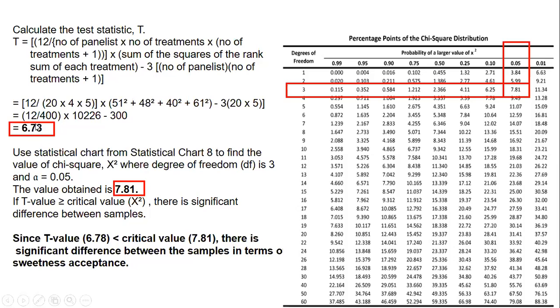Since the calculated value is less than the critical value, there is no significant difference in terms of sweetness.